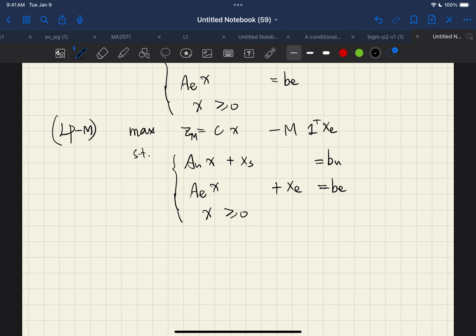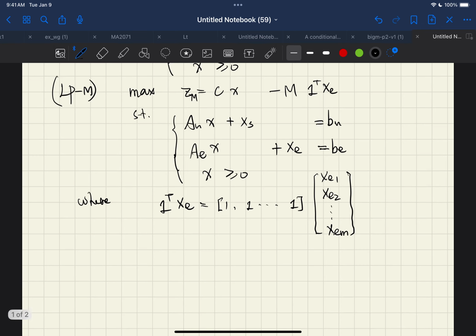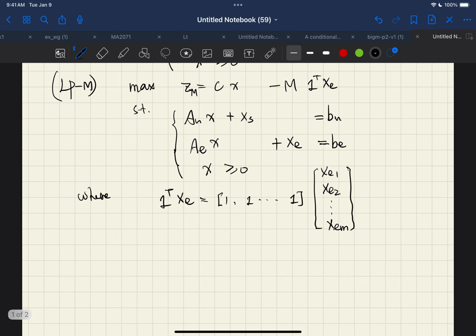So 1 transpose xe means it is a number, where 1 is a vector of the same dimension as xe. So this is xe1 all the way to xem. It's a number, multiplied by M, which is how much you want to penalize.